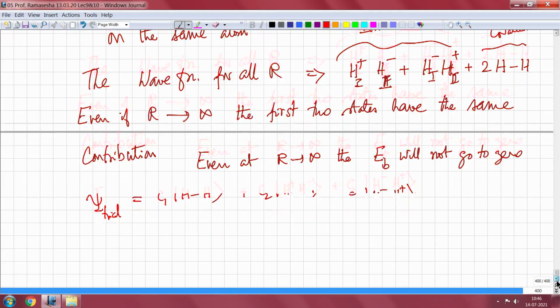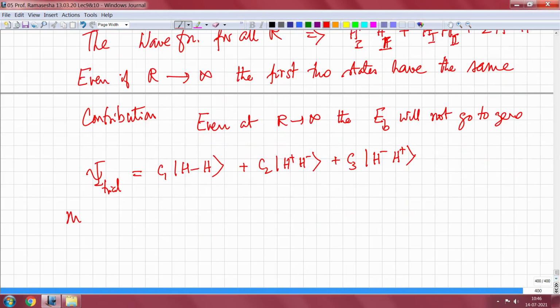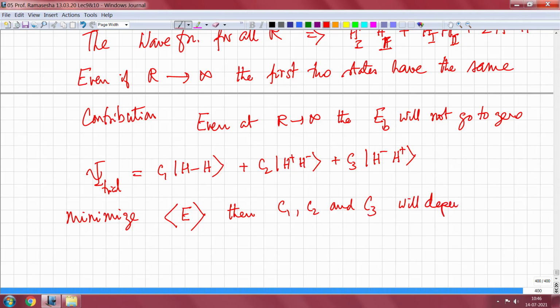And in this case, supposing you minimize the expectation value of energy using this trial wave function, then C1, C2 and C3 will depend on distance, and C2 and C3 will go to 0 as R tends to infinity.